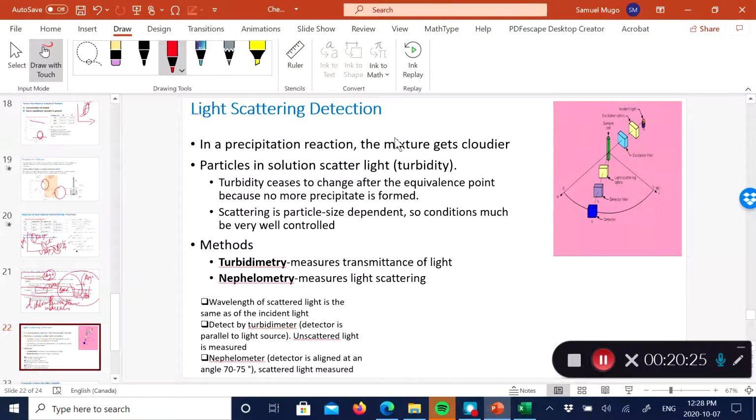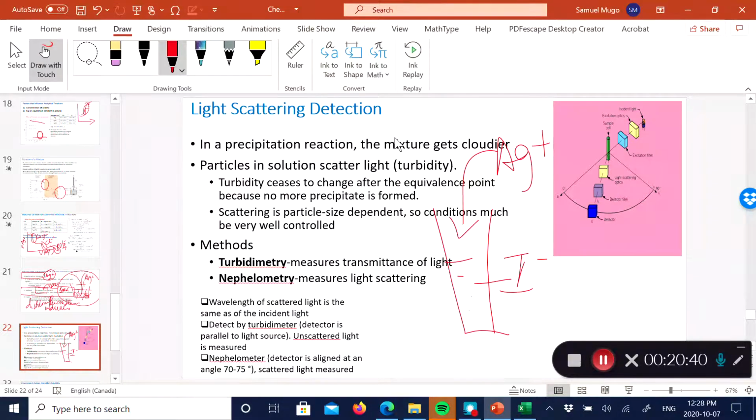Because take note of this, if you take, say, a cuvette, it has your iodide, that's what you're titrating, and you're adding silver, okay? And then you've got your spectrophotometer, so this one is light, that is passing through the cuvette, and then you've got the detector.